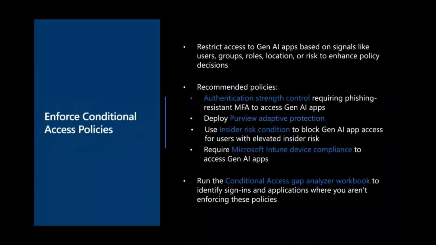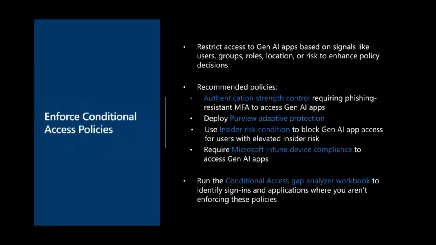And so in conditional access, we have this policy to require phishing-resistant multi-factor authentication, or MFA, so that if someone wants to access a Gen AI app, they have to have their MFA in order to have that authentication control and have that be a strong control, right?